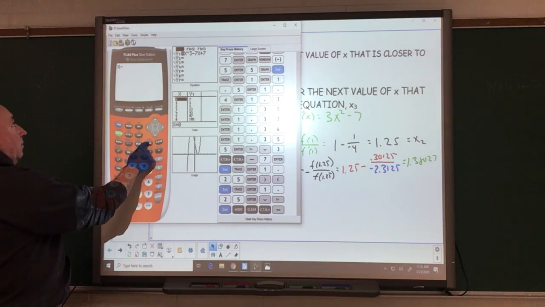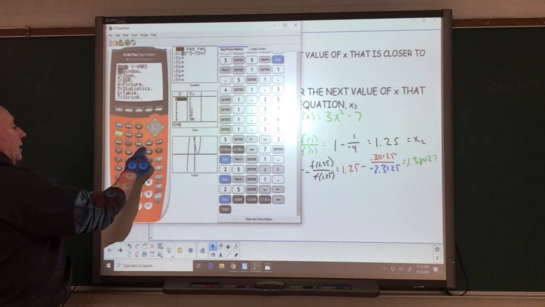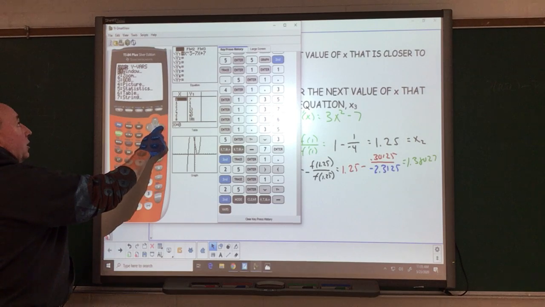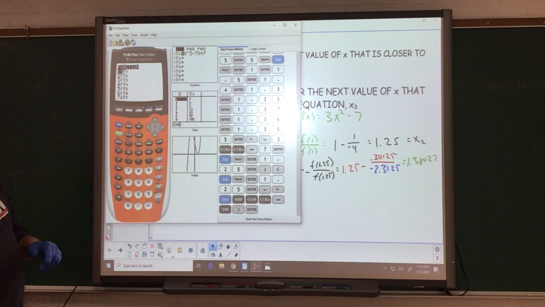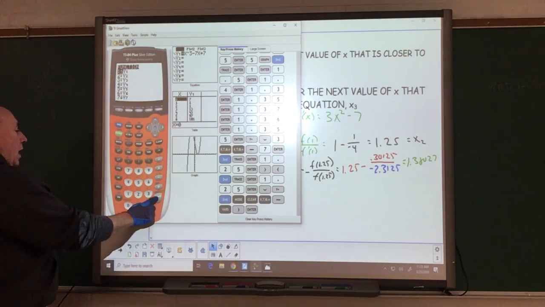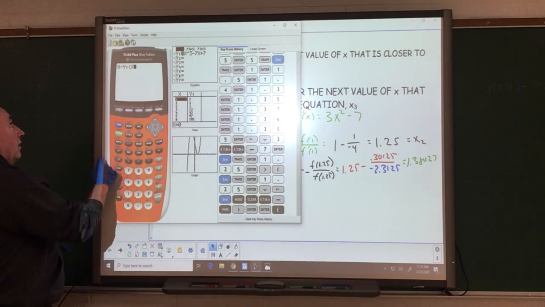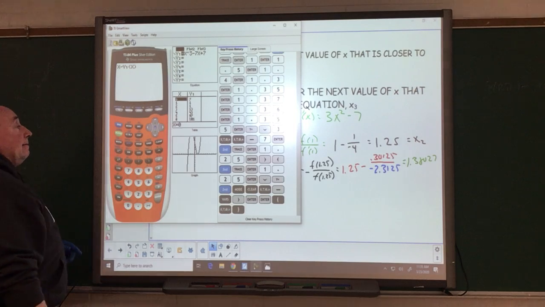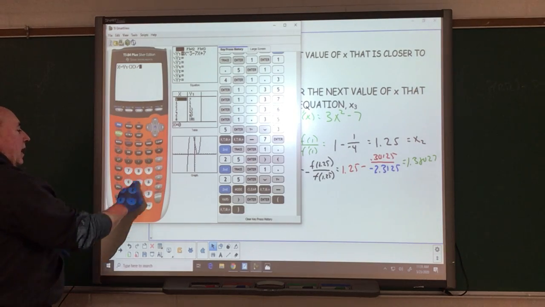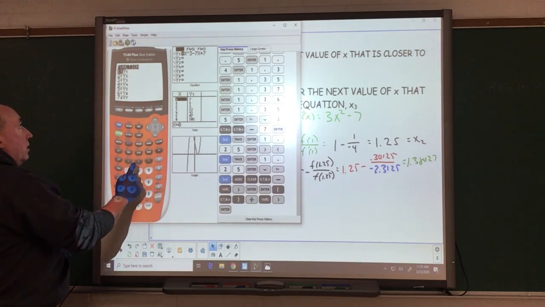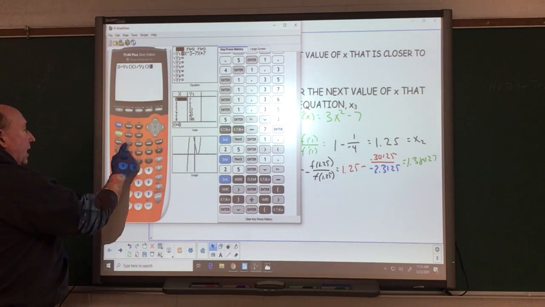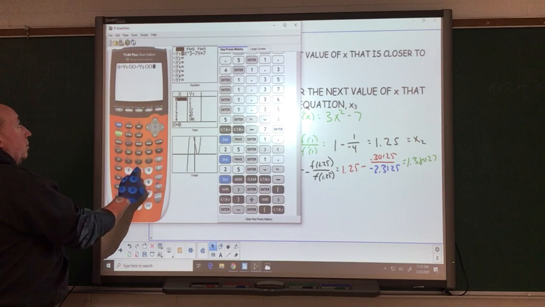Hit your vars button. Hit your right arrow for your y variables, and get your function, y1 parenthesis of x, divided by vars, y vars, function, y2, parenthesis, x, and parenthesis.